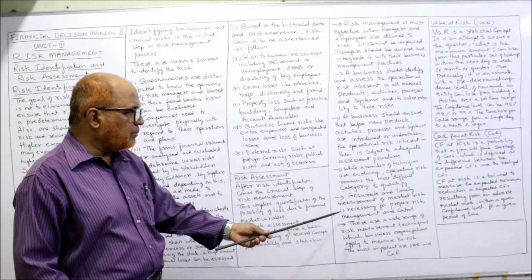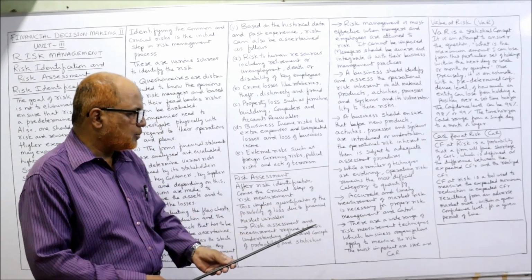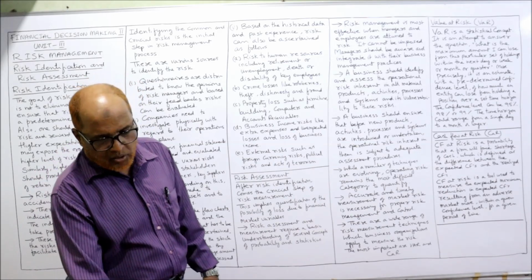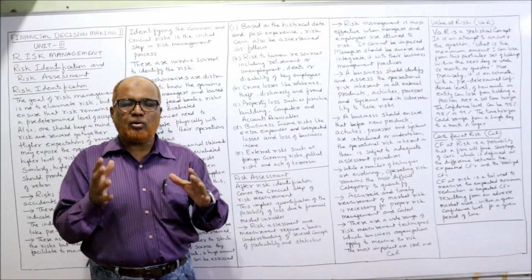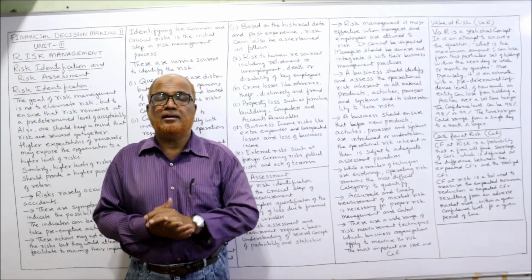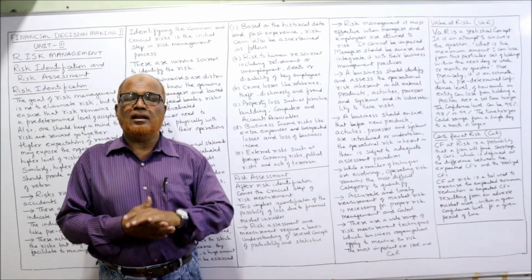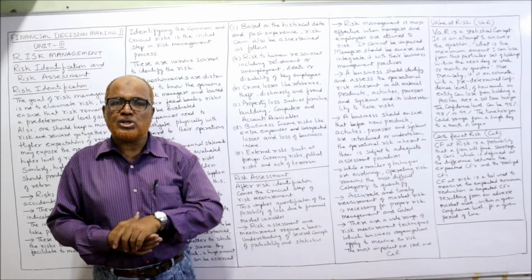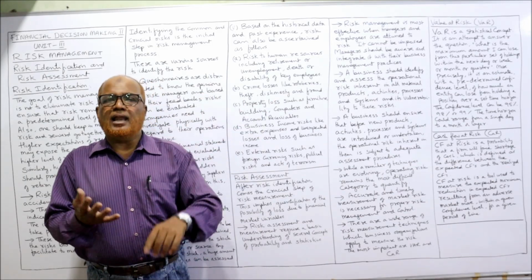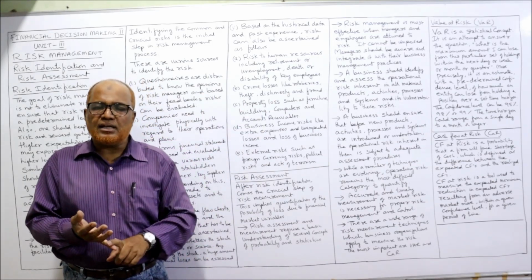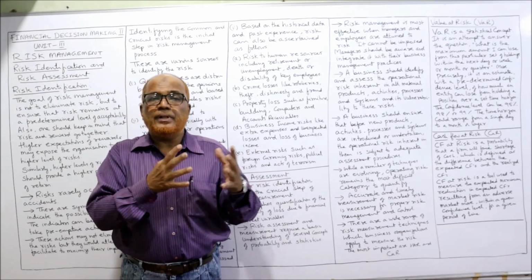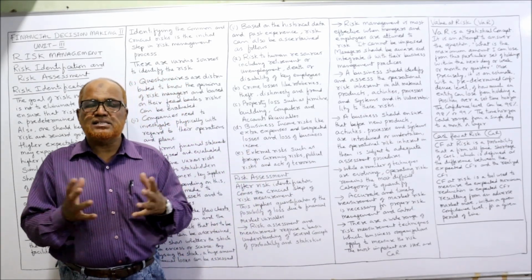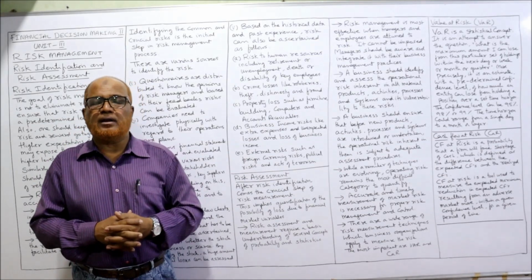Now, accurate and timely measurement of market risk is necessary for proper risk management and control. The second part of risk, which is very crucial, is the market related risk. External risk, the risk which comes from outside, from the market, like government policies, interest rates, exchange rates, and people's preferences, likes, dislikes, competition in the market.